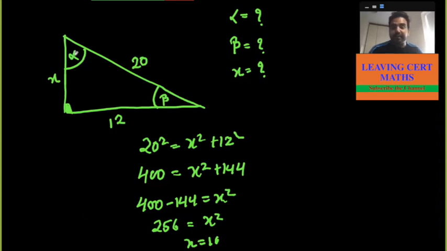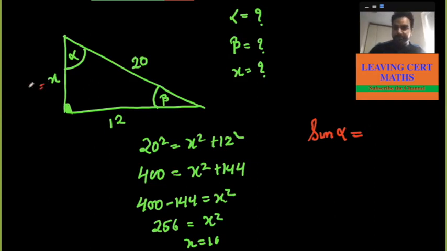For alpha you are using sine, right? For this triangle, for this angle. So you are writing sine alpha is equal to how much? Sine alpha is opposite over hypotenuse.